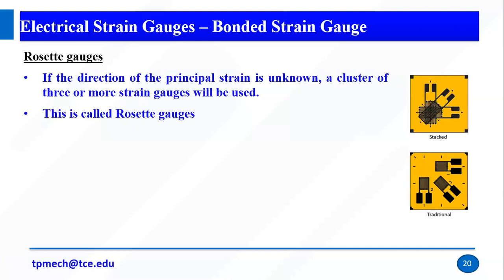The strain, if you see, is not uniform in all directions. Right. So we have two types of material: isotropic and anisotropic material. Isotropic material means the properties are common in all directions.